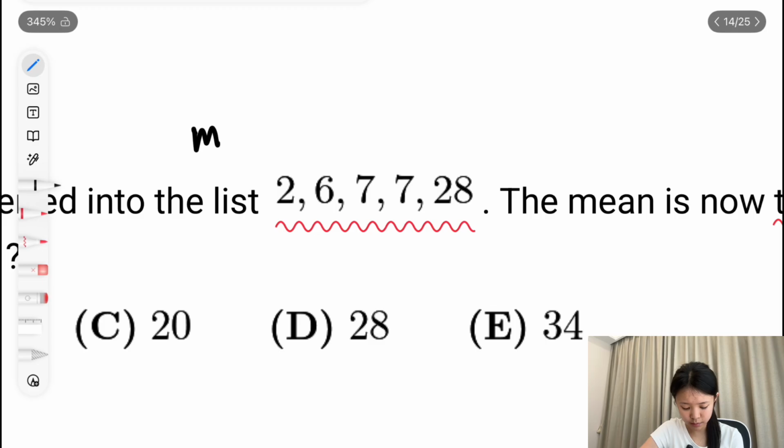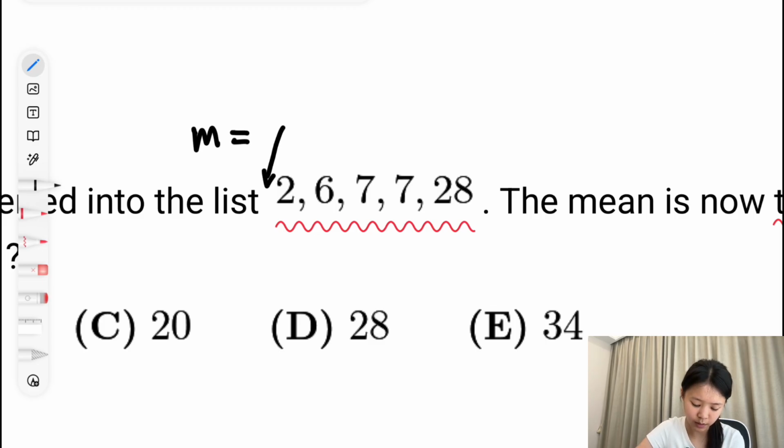So let's say here, if we inserted a number into the first slots before 2 or between 2 and 6, the new median is going to be 6.5. And the reason for that is when you do that, you would have like 1, 2, and 3 numbers, and that would be 6 plus 7 divided by 2 equals 6.5.